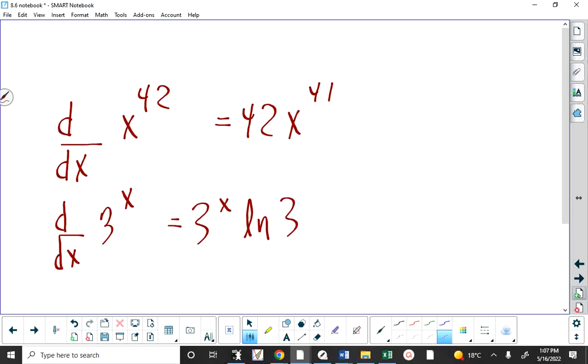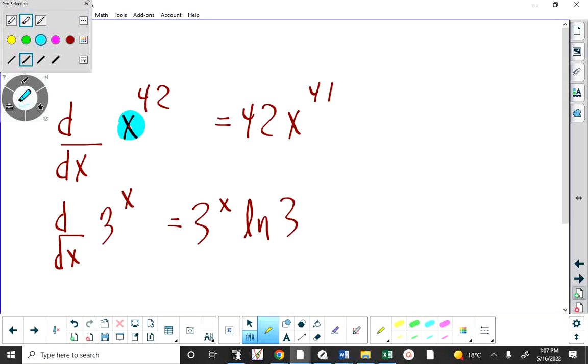So we have a rule for differentiating a power where the base is variable, but the exponent is not. In other words, we have this rule for a variable raised to a constant. It's called the power rule. We have a rule for differentiating a constant raised to a variable.